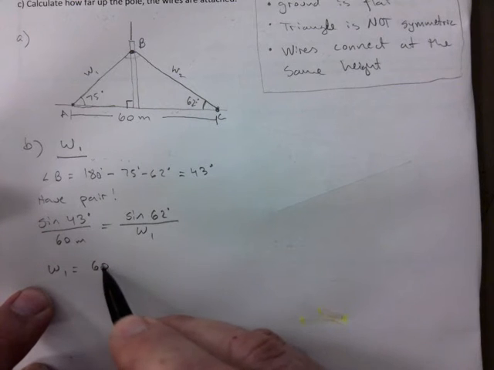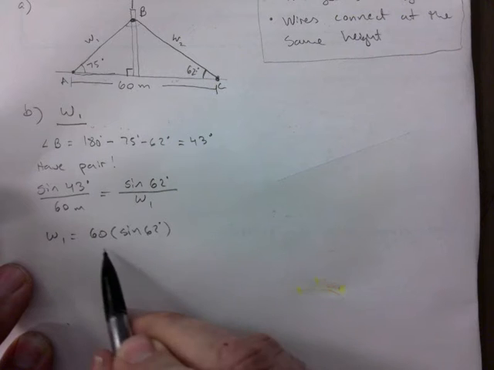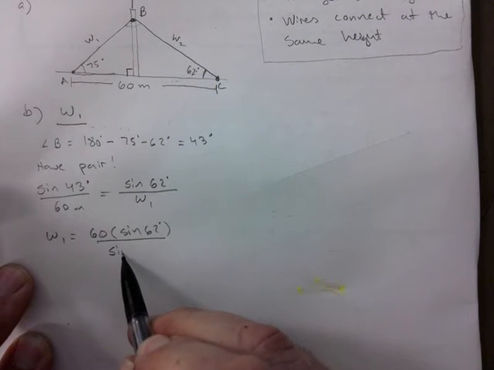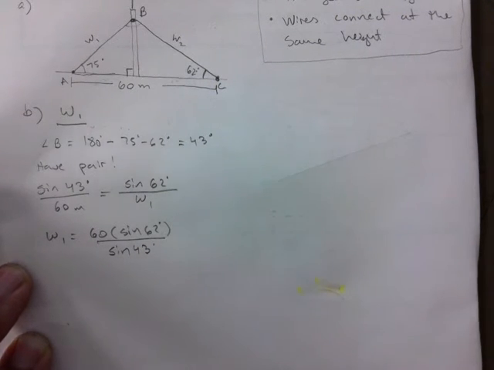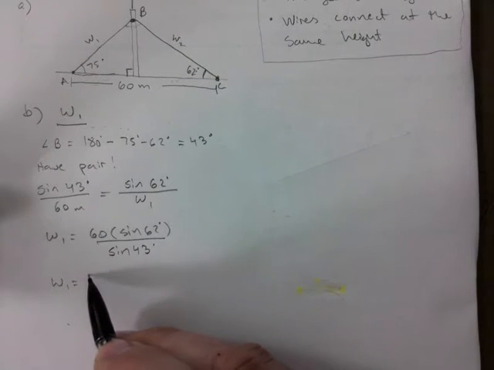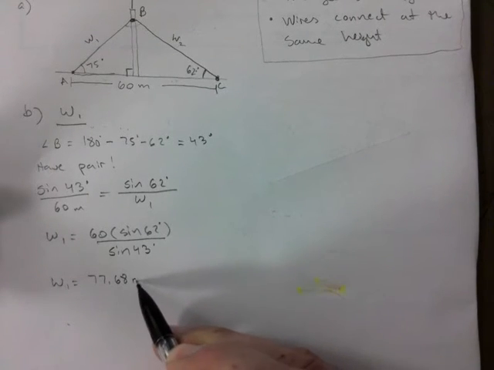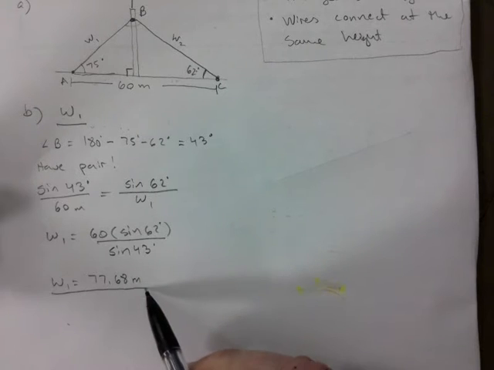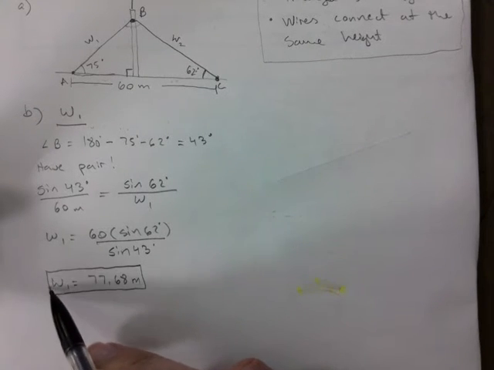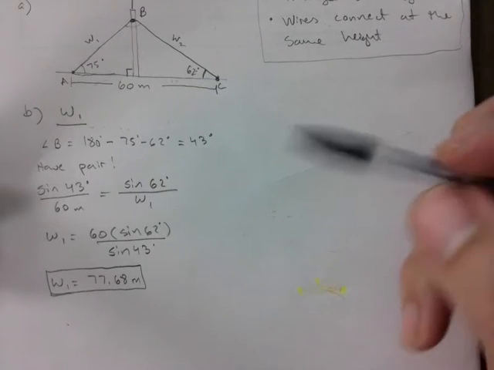So wire 1 is 60 times sine of 62 divided by sine of 43. And if you calculate that, you get 77.68 meters. And so that would be the length of wire 1. You've clearly indicated which one you're solving, and there it is.